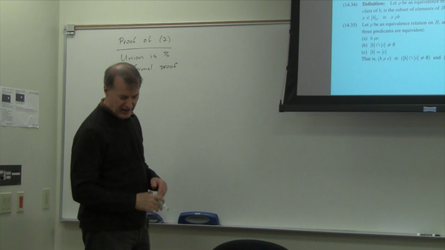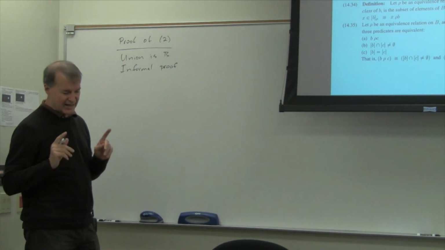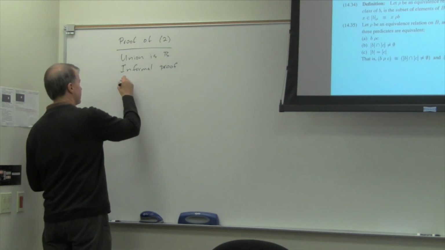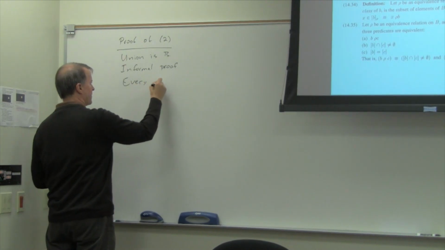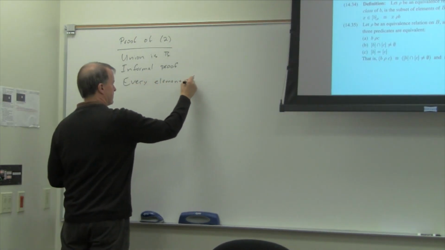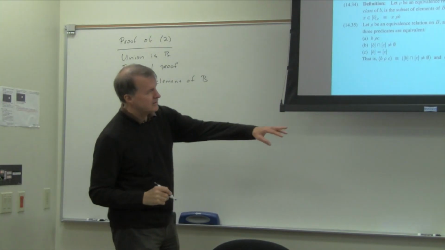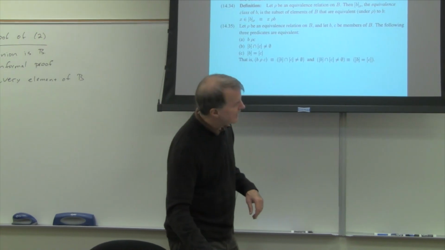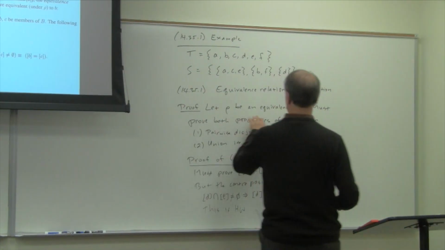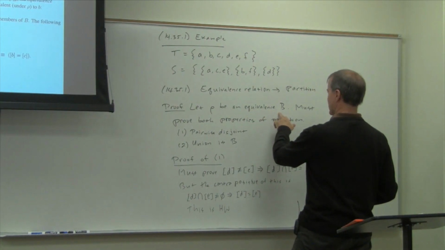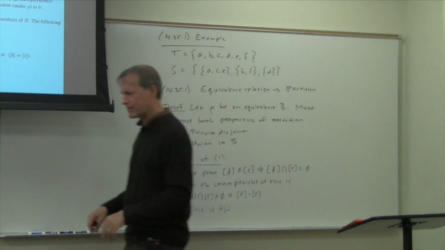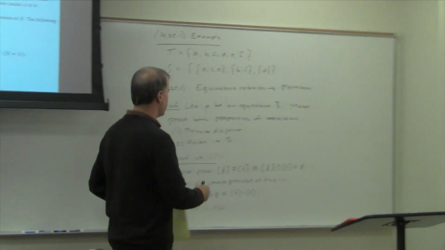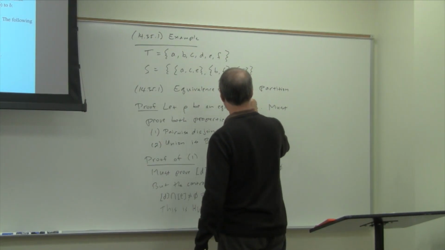Do you agree that every element of big B is in at least one equivalence class? Over here we said let rho be an equivalence relation on B. Sorry, I left out some words here.